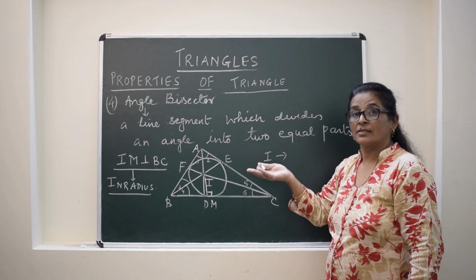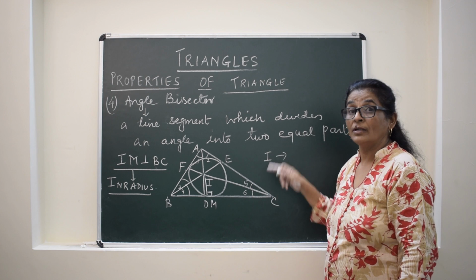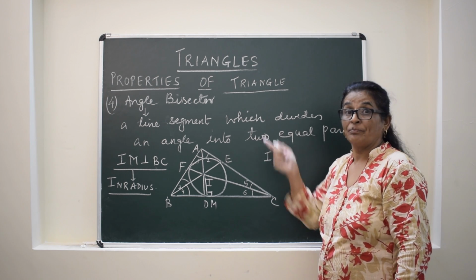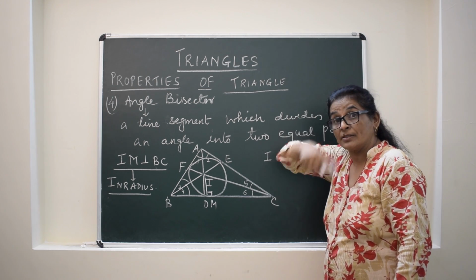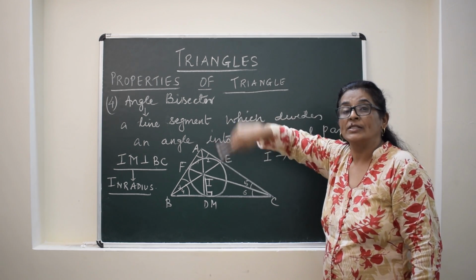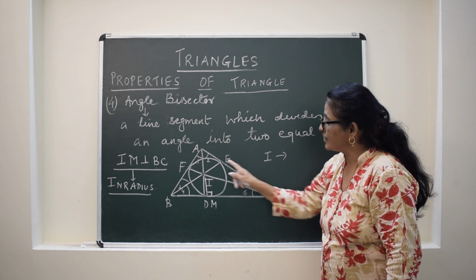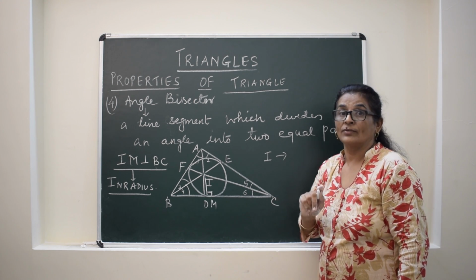What we had seen in the circumcenter? The circumcenter was equidistant from the vertices of the triangle. This is the basic difference between an incircle and a circumcircle. A circumcircle is drawn outside, which touches all three vertices, whereas the incircle touches all three sides of the triangle.